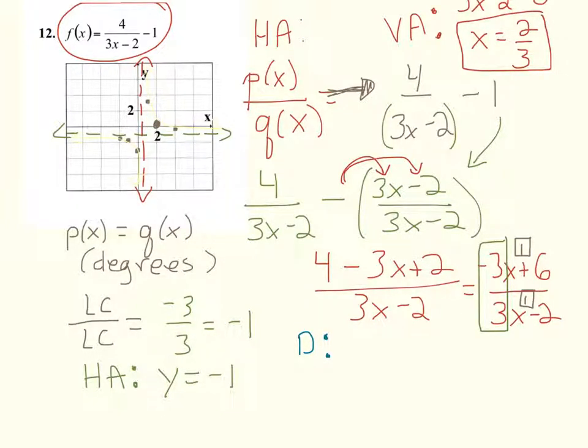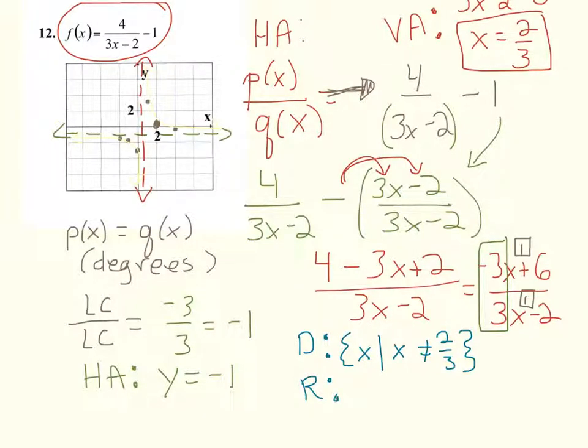Same thing here, I can plug in any x value for my negatives except for that 2/3. So when I do domain, I just write it like this: x such that x cannot equal 2/3. And that implies that any other real number will work.